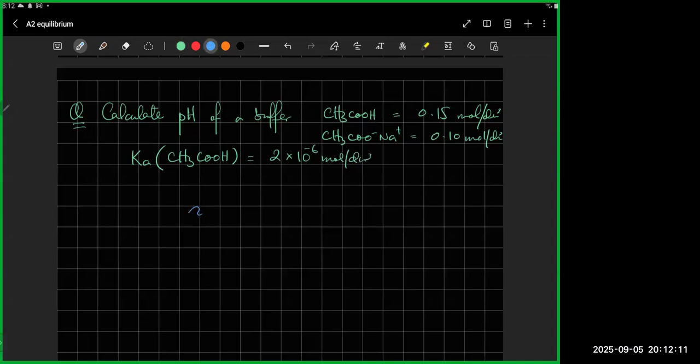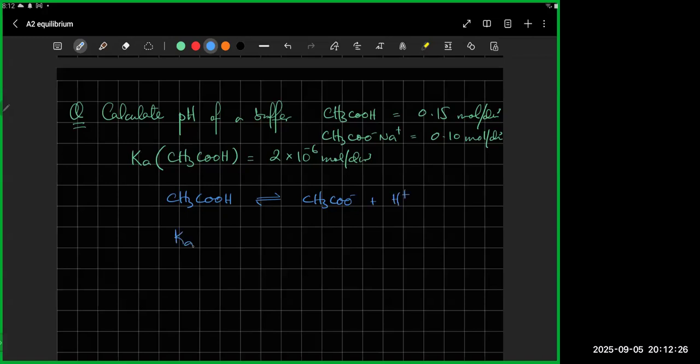So I'm just going to use the expression. Ethanoic acid is going to dissociate. It's going to be in equilibrium with ethanoate and H plus ions.